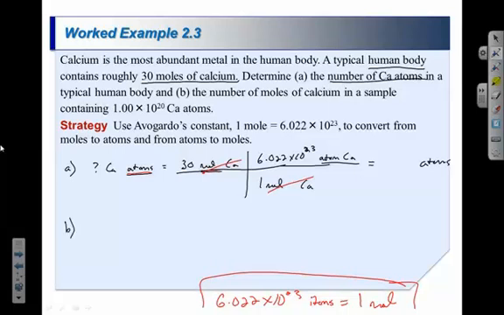Slightly different example, where in this case, instead of converting from moles to individual particles, I know how many individual particles I have, and I want to know how many moles that is. So I can do the same relationship, but in the reverse direction.